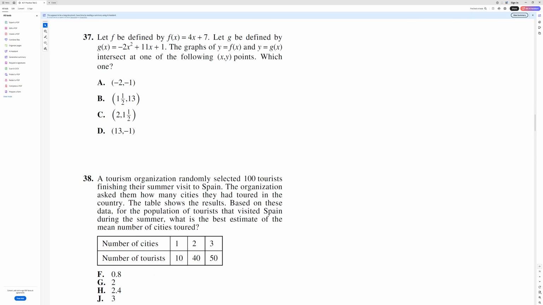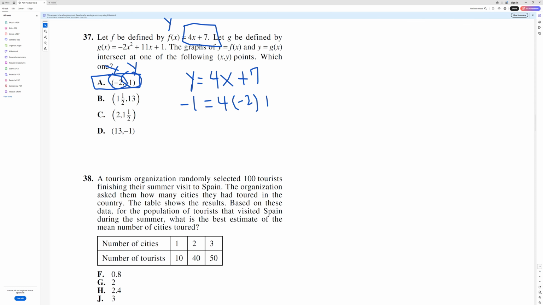All right. So again, I'm going to plug in this (-2, -1), and hopefully it comes out here. So remember that's y, that's x, and this is y equals 4x plus 7. I'm going to take the value of this y. So -1 is equal to 4 times x, which is -2, plus 7. So -1 is equal to -8 plus 7. That is true, so it works for that, but will it work on that?